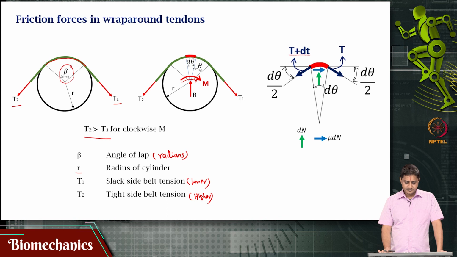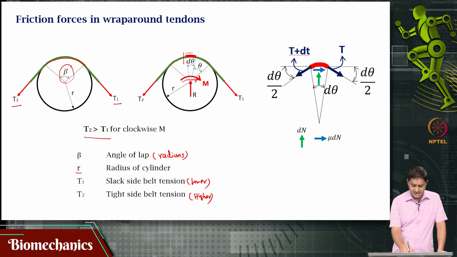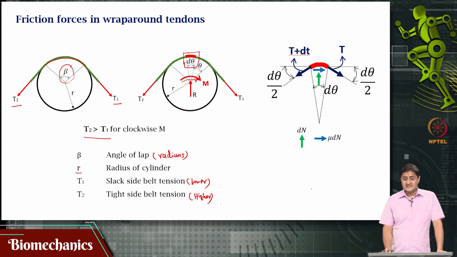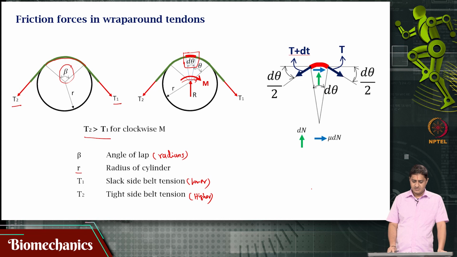Now, let us consider a differential area, a really small area, somewhere in the middle of this contacted area, formed by this sector with angle d theta, where d theta is an infinitesimal quantity.